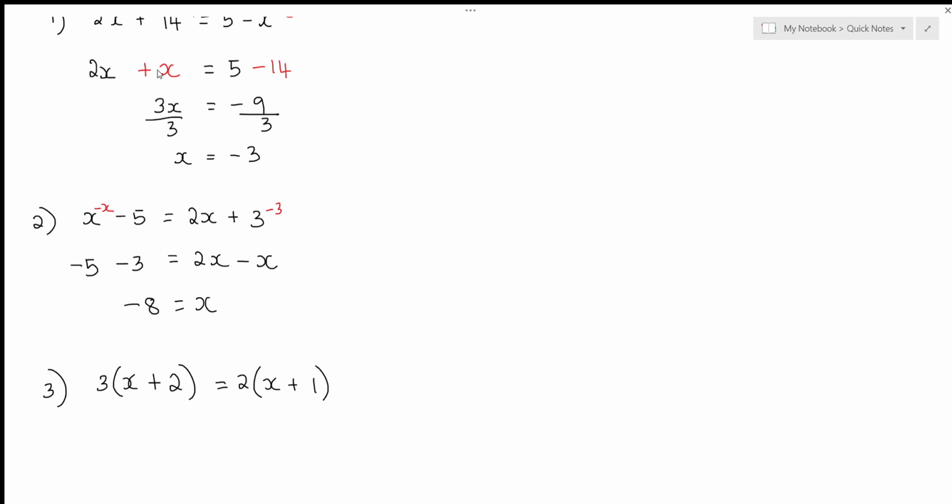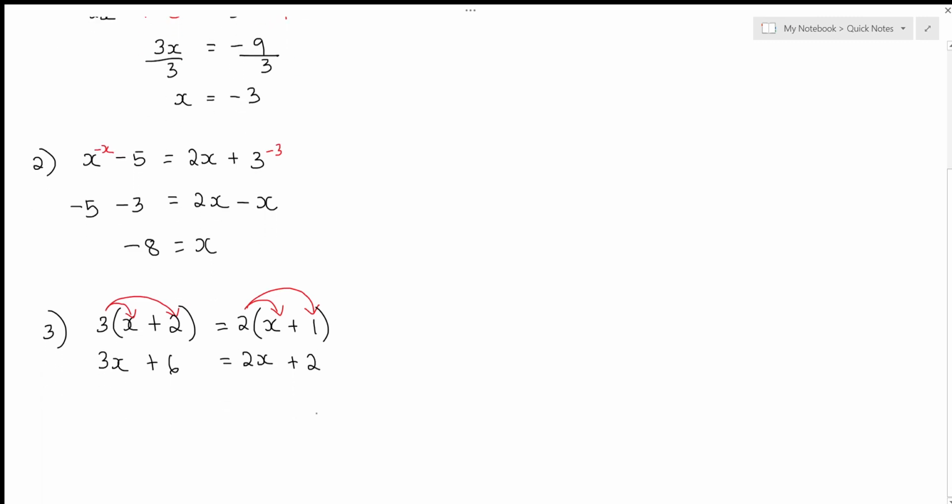So with my brackets, I'm going to use the distributive law, where I multiply out the factor on the outside by each term on the inside of your brackets. So 3 times x is 3x, 3 times 2 is 6, equal to 2 times x is 2x, and 2 times 1 is 2.